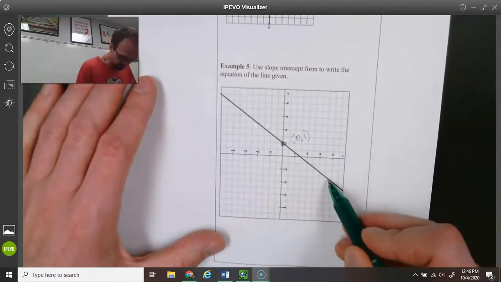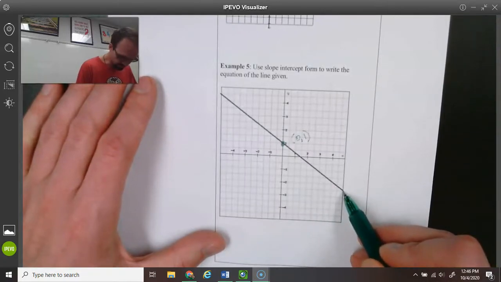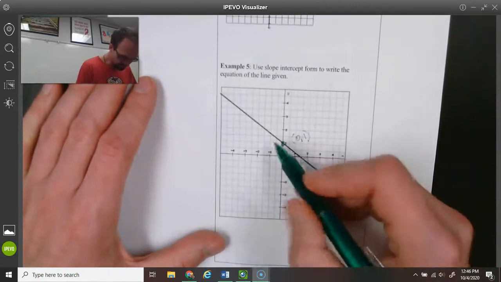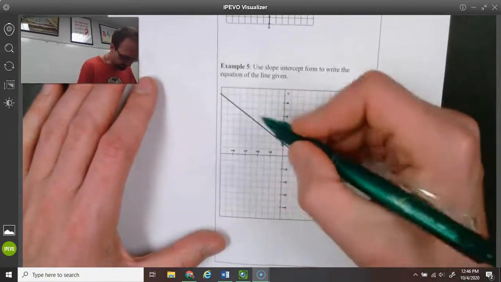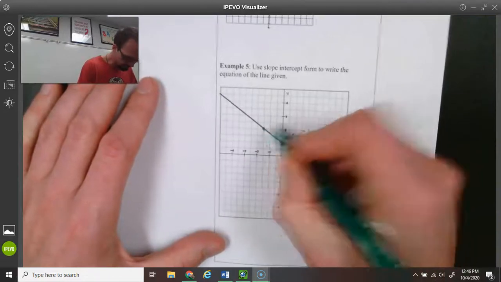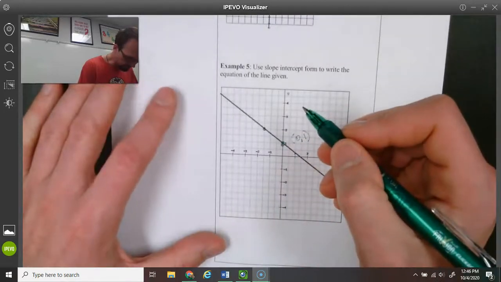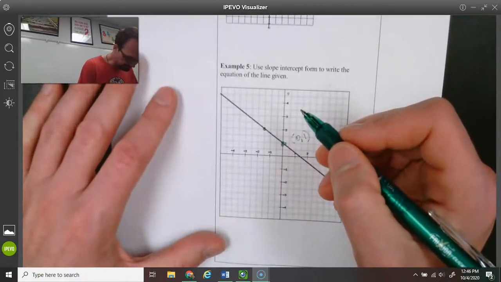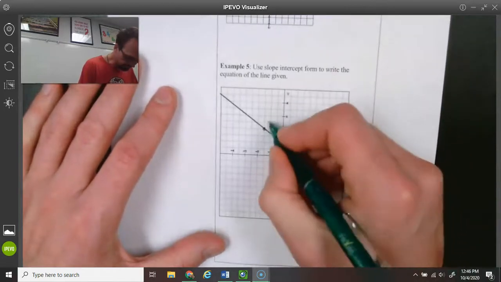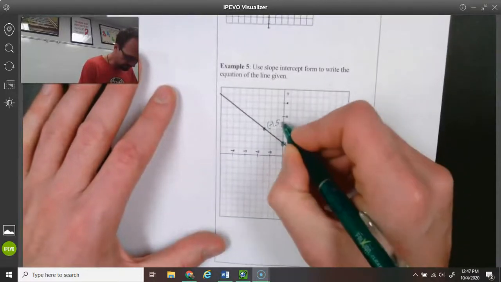I think this might be the best one to go off of: (-1.5, 2).